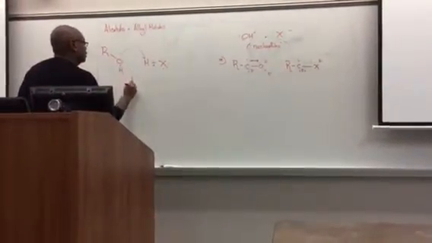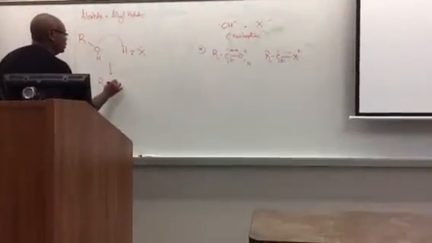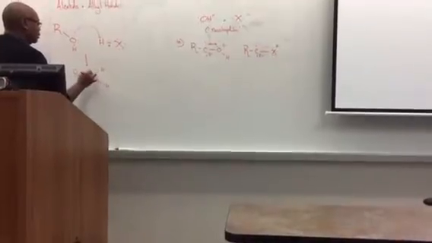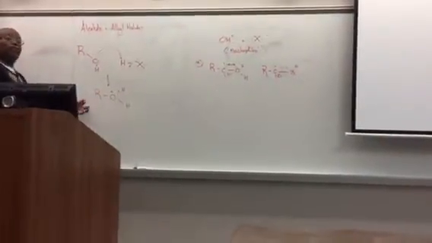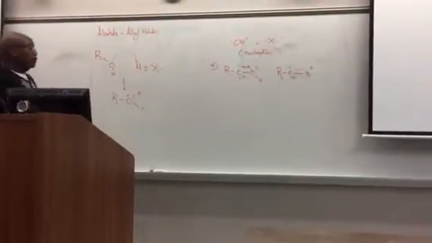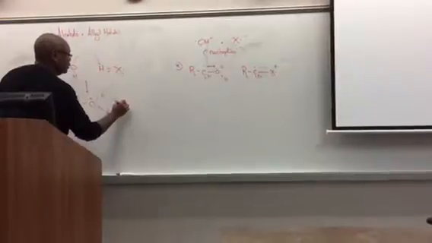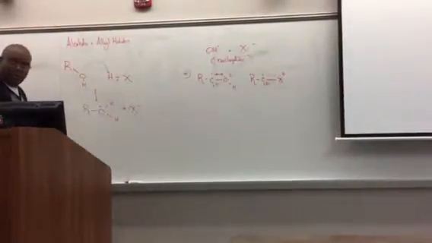And for a brief moment in time, you're going to have what we call a protonated alcohol. And of course, as a byproduct, you're going to have your anionic halide.